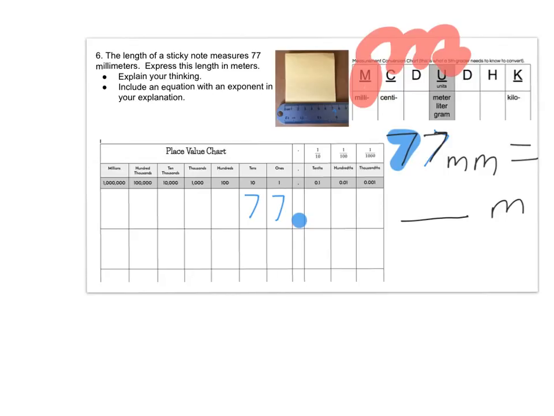And we know from experience, if we go to the right 3, we are taking 77 and dividing it, because to the right is division, by 1, 2, 3, which means we're going 3 columns to the right. If we go 3 columns to the right, we're going to shift this 7, 1, 2, 3, which means this 7 should be right here.